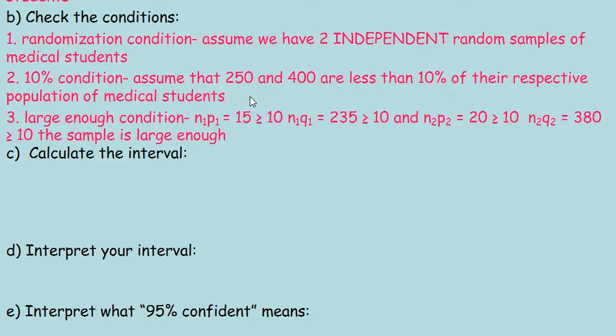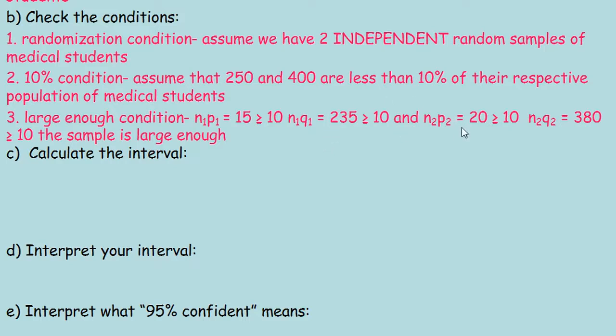And then finally, for the large enough, this is supposed to be N times P hat. I forgot the hat here, but that's okay. So N1 times P hat 1 is going to be the 15 African American students who are medical students. And then the N1Q1 is the complement, so 235 out of the 250 that were not medical students.